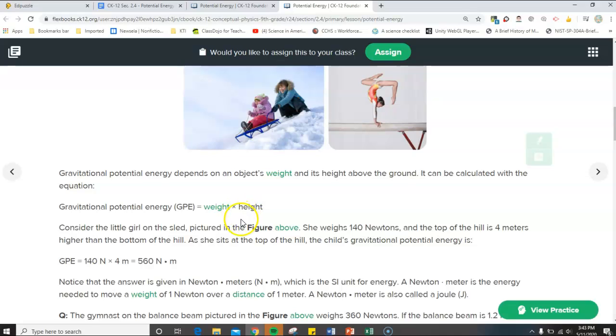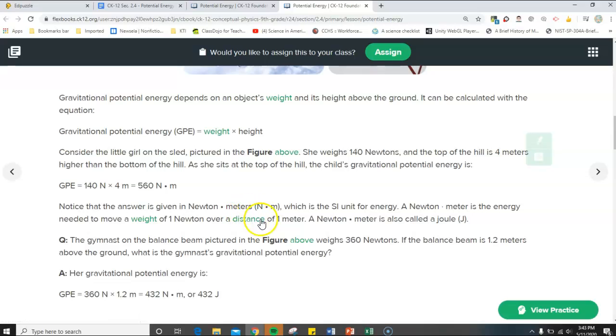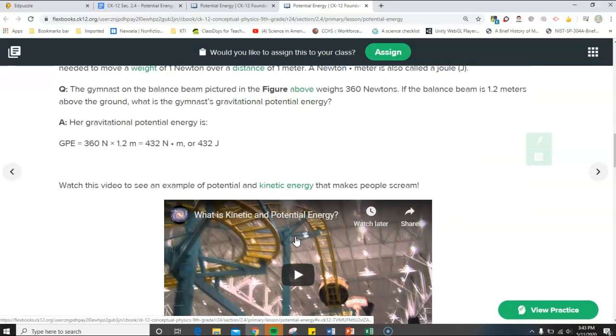Weight is measured in newtons, height in meters, so gravitational potential energy is in Newton meters, which is also called a joule. So remember back to the very first energy assignment, we said that energy is measured in joules. So this is an example of how we calculate energy and have it measured in the unit called a joule. It's a Newton meter.